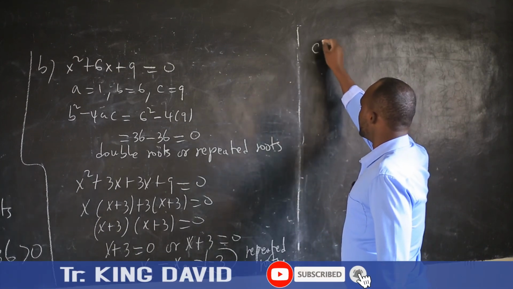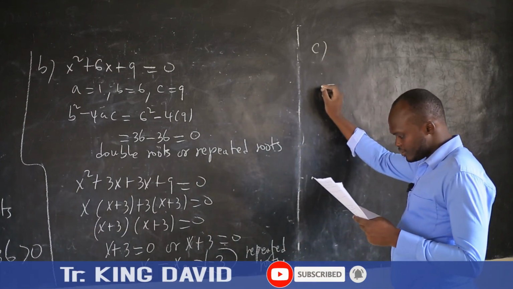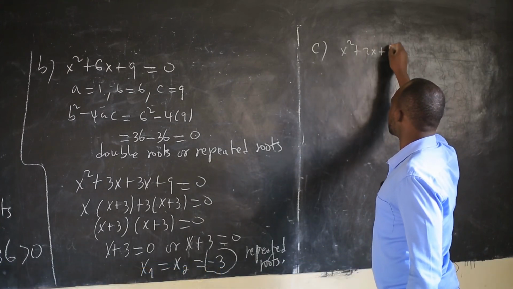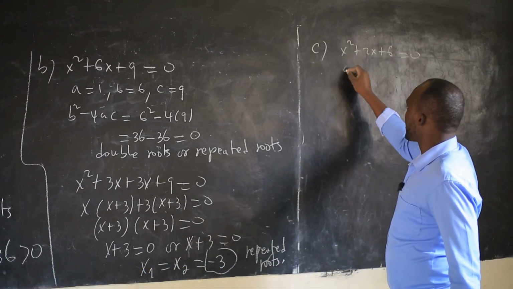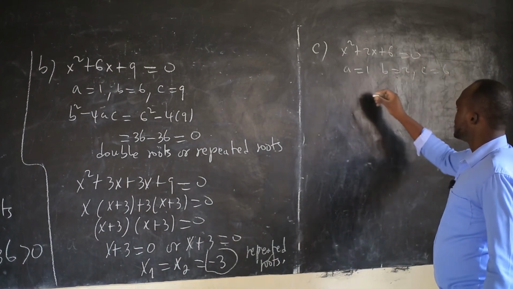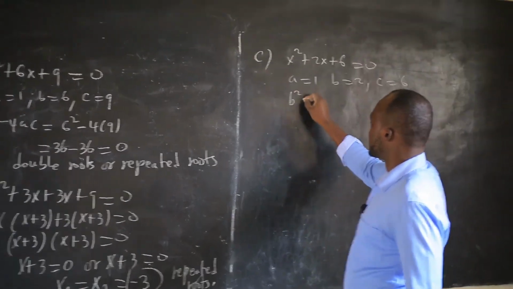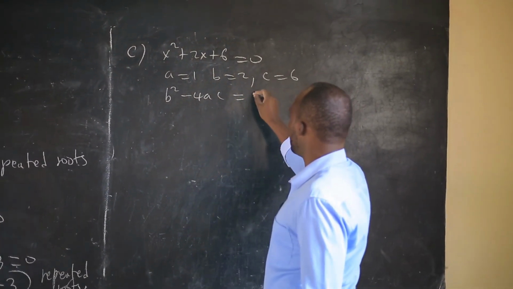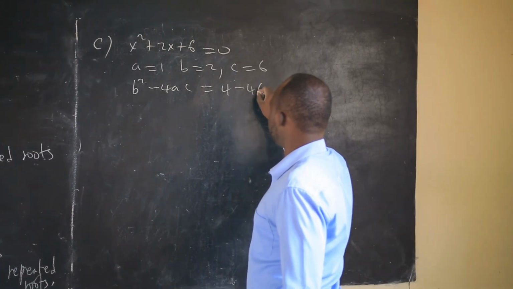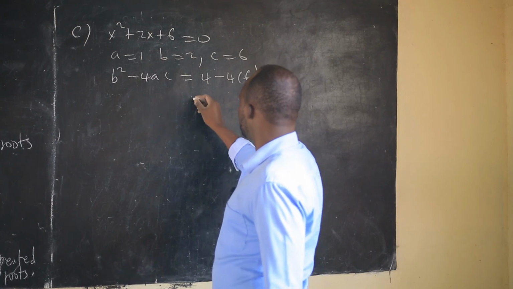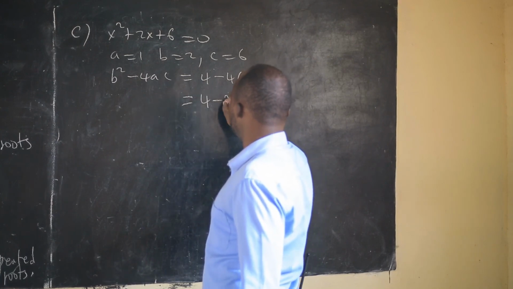So if you go to C, it is saying x squared plus 2x plus 6 equal to 0. So our a is 1, our b equal to 2, our c equal to 6. So delta, which is b squared minus 4ac, equal to 4 minus 4 into bracket 6. This is 4 minus 24.